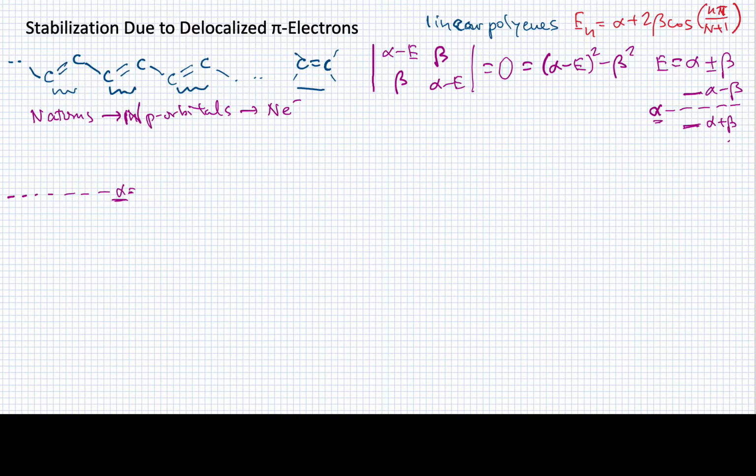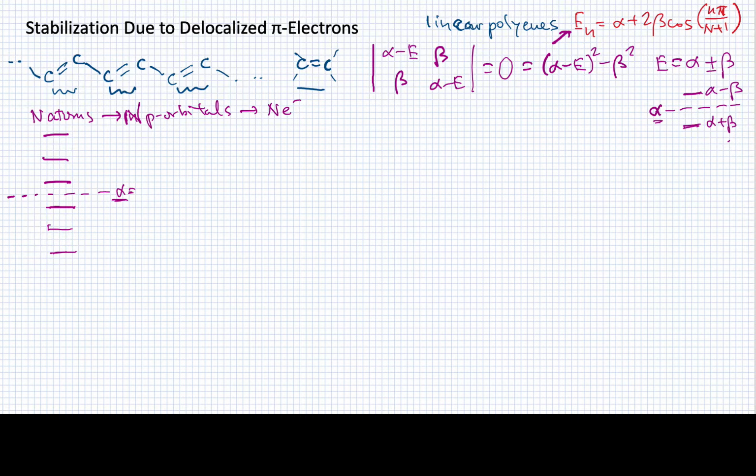Now what we would find for a linear polyene is that the energy levels, and this formula up here verifies this, are going to be spaced in such a way that for every one below this line, there's one above the line by the same amount. So we'll have pairs of energy levels, one below and one above the line for this linear polyene.